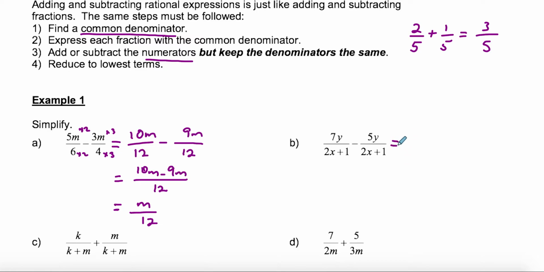Okay, part B, I notice that I already have a common denominator, and it might look a little different than what you're used to, but I have a common denominator. So that means that I can just add or subtract my numerator. 7y minus 5y is 2y, and I keep the same denominator, 2x plus 1. And that one's done.